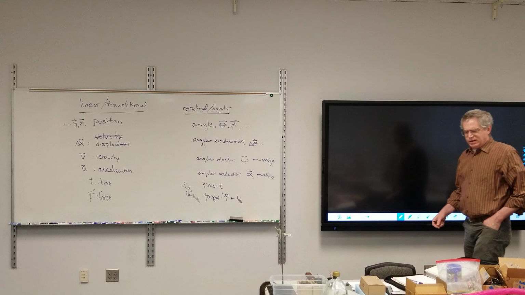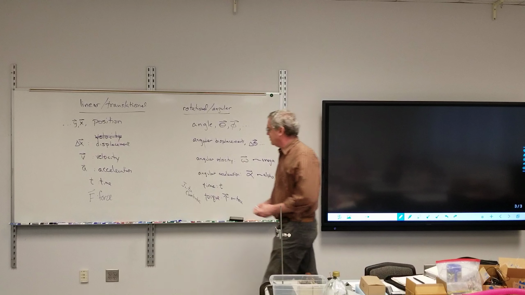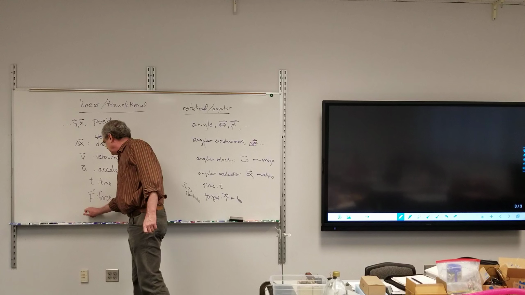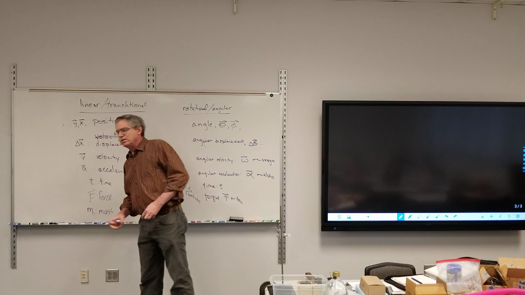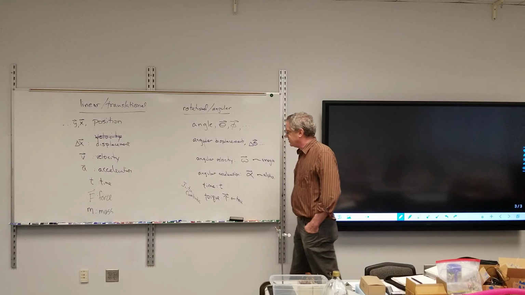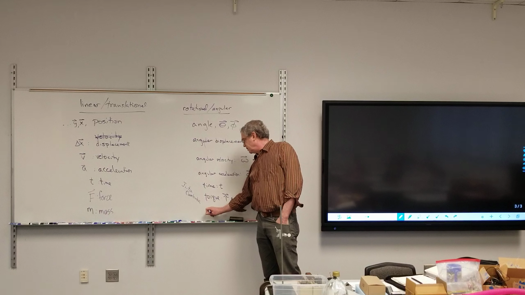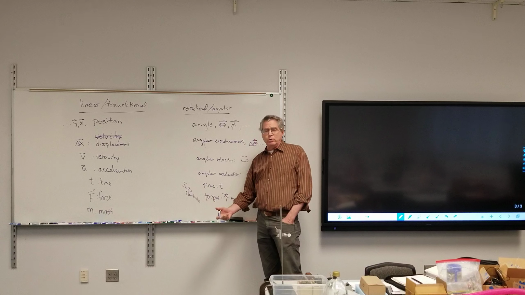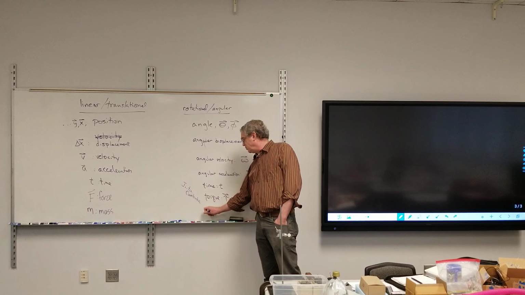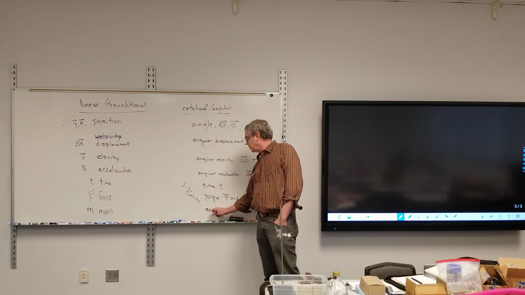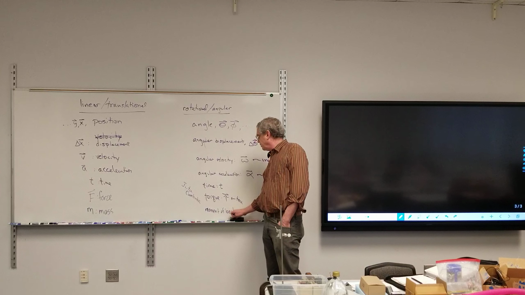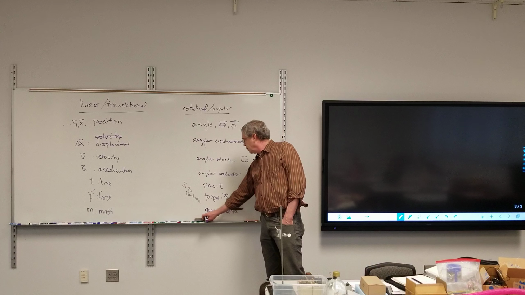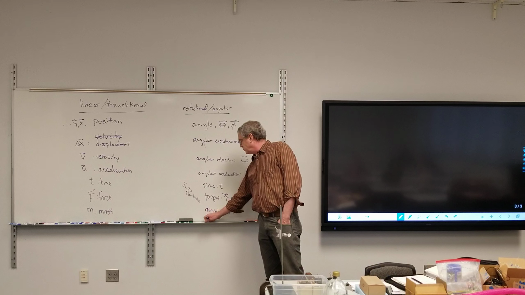Oh, there's one more that we definitely need to do. Mass. There is a rotational equivalent, or analog, of mass, and it has two names that I will flip back and forth between. I tend to use the term moment of inertia because of typical childhood scars. But it's also sometimes referred to as rotational inertia.